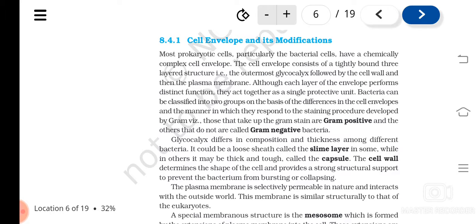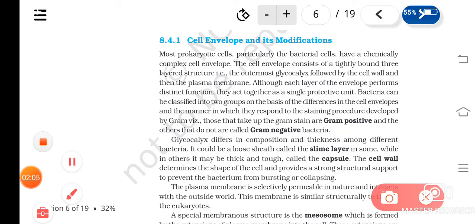And bacteria can be classified into two groups, gram positive bacteria and gram negative bacteria, depending upon their response to a staining process called gram staining. Understood? A scientist called Gram developed a staining procedure. After the staining procedure is done, if the bacteria retain the purple color, that kind of bacteria are known as gram positive bacteria.